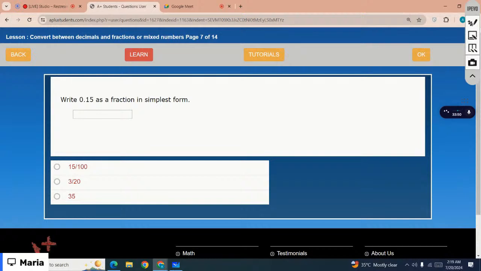That is 3 by 20. Option number 2 is the correct option.